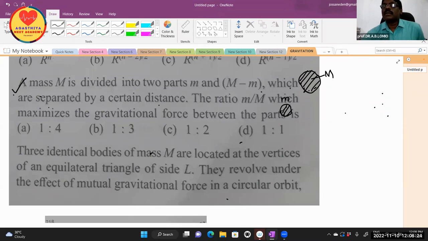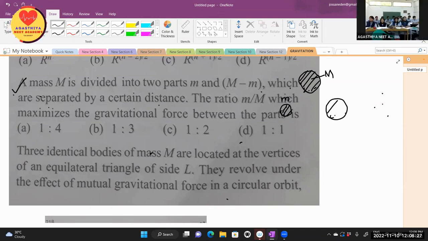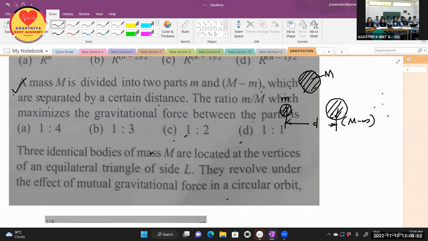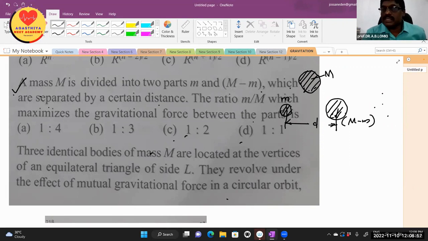The second part remaining will be capital M minus small m, which are separated by some distance, say D. The ratio small m divided by capital M, which maximizes the gravitational force between the parts.